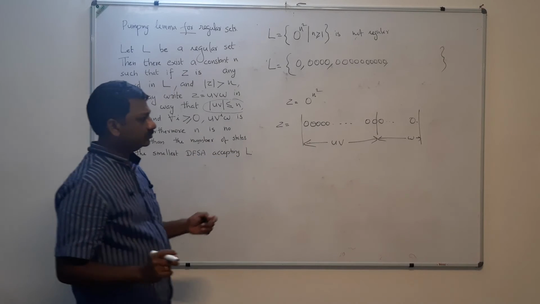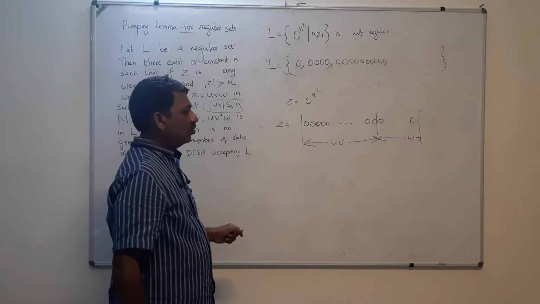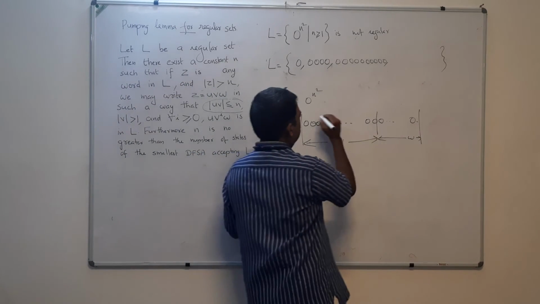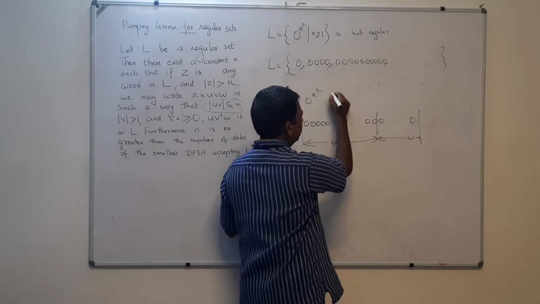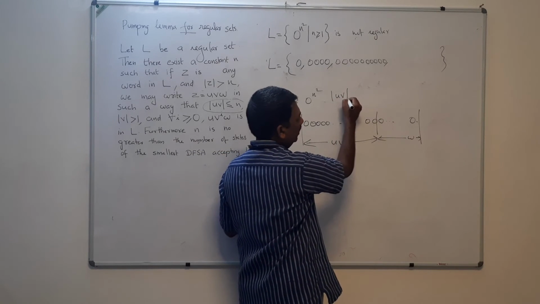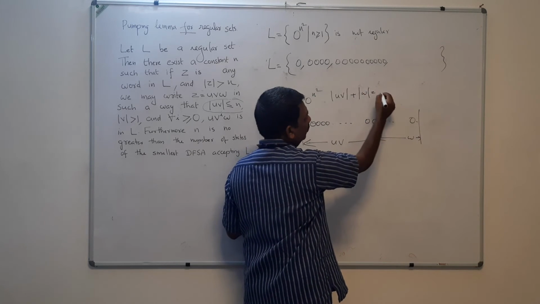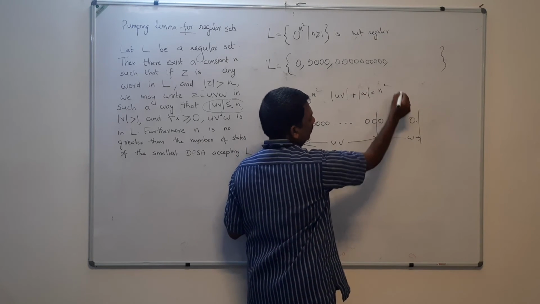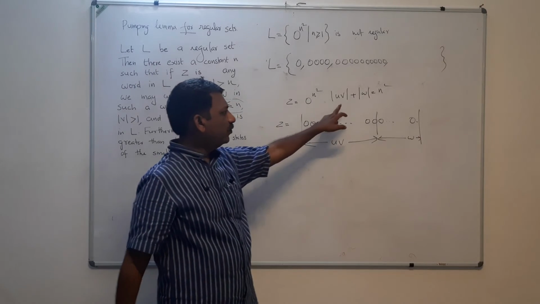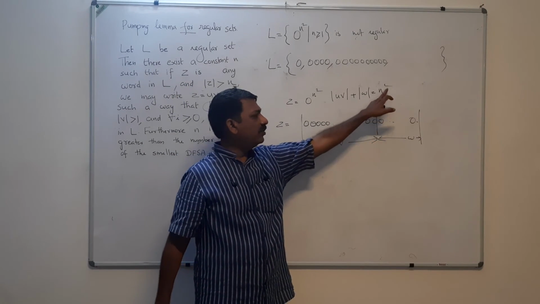Now 0 raised to n square means modulus of uv plus modulus of w is equal to n square.